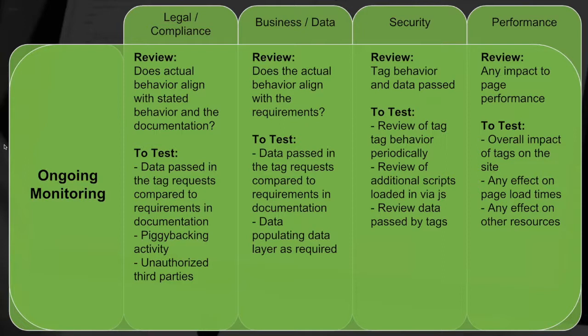So floodlight was originally vetted by legal security 4 months ago. That was the only thing that was loading at that point. Now I have a new campaign, I have a new activity that I'm creating. I'm adding dynamic tags to that. So floodlight's still loading, but now I have additional third parties that are loading through it. Legal security, they're not going to have any visibility into that. We need to monitor, we need to be able to flag that type of behavior when it comes up.